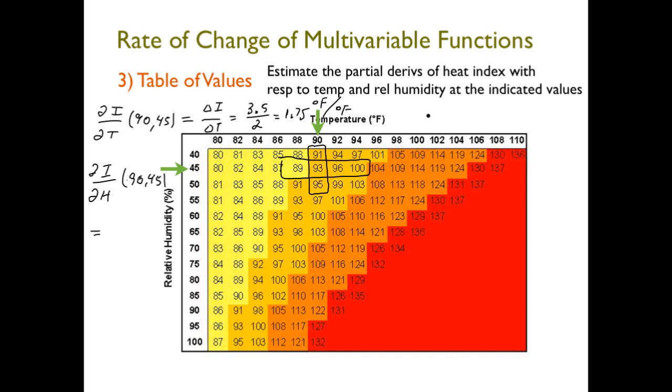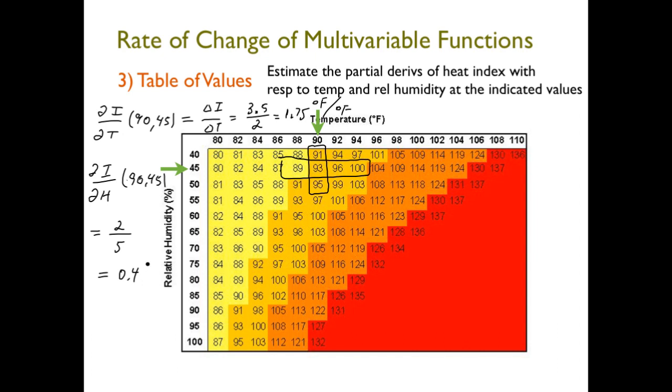So how is heat index changing? By 2, right? So on both sides, it changes by 2 for every how much change in percent? 5. So our change in heat index would be 2 for every change of 5% humidity. So that would be 0.4.